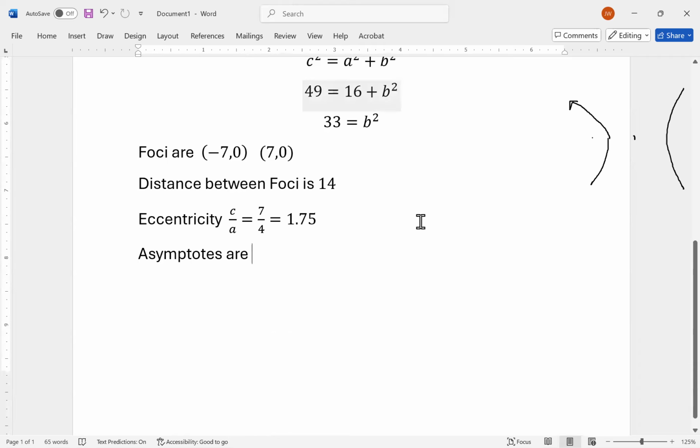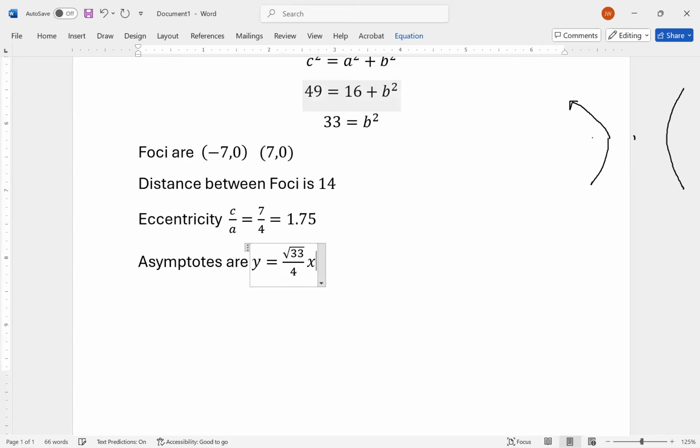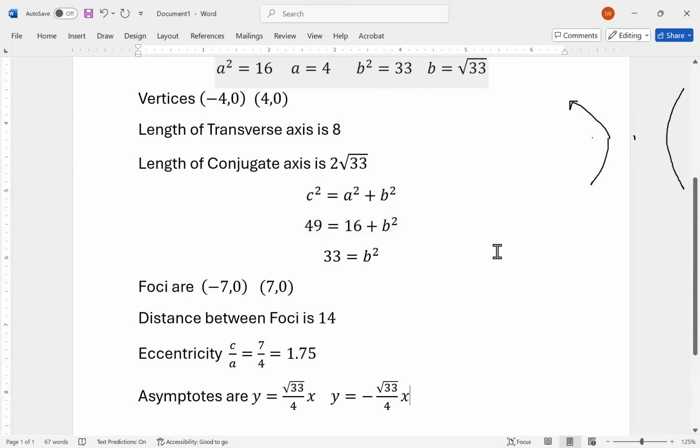So asymptotes are going to be y equals square root of 33 divided by 4 times x, and y equals negative square root of 33 divided by 4 times x. So those are all of the features that we find on a hyperbola.